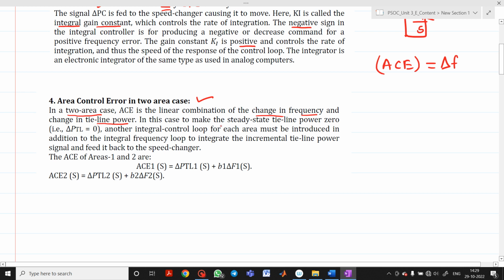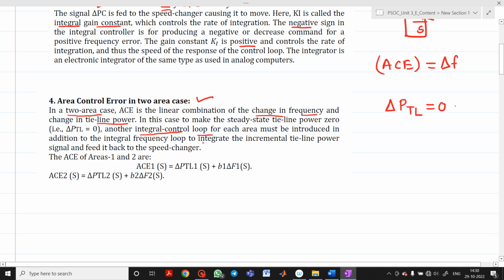In order to make the steady state tie line power, represented by delta PTL, equal to 0, another integral control loop for each area must be introduced in addition to the integral frequency loop, to integrate the incremental tie line power signal, which is fed back to the speed changer.